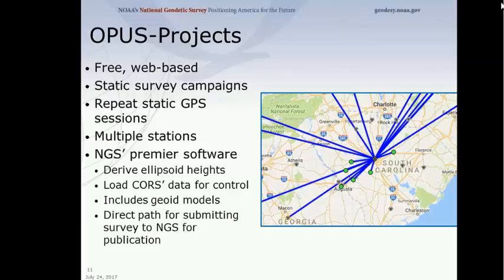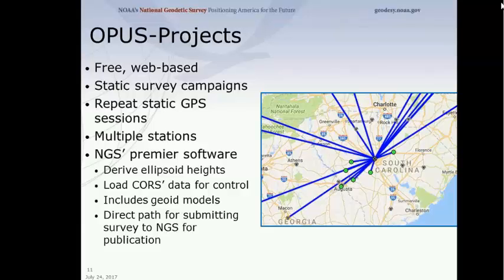Within NGS, over the last few years, we've worked on developing software to help you with managing your survey data and derive high accuracy ellipsoid heights. And this is called OPUS Projects. I know Mark Armstrong, before he retired, gave a number of trainings on this program to surveyors in Oregon.